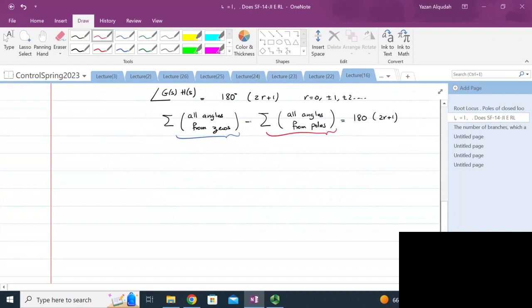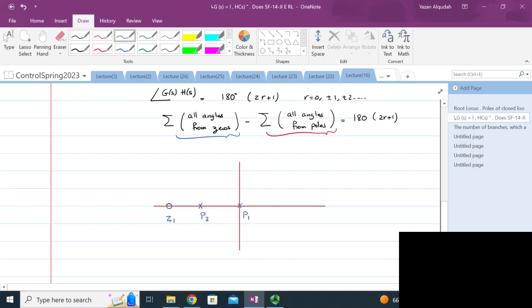So let's see how this will look. Let's say I have a system where I have a zero here, and I have a pole here, and I have a pole here. P1, P2, and I have Z1.